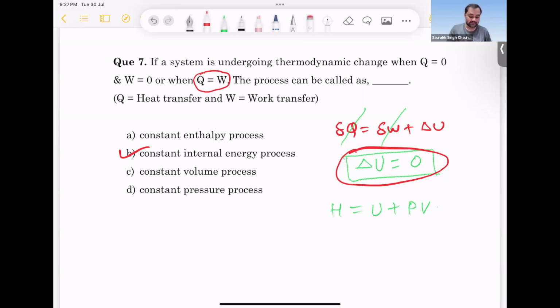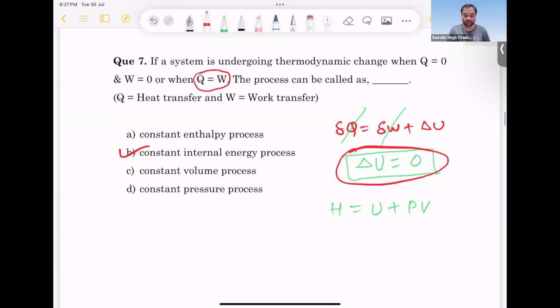The last part, constant pressure process, is also not the correct one. We cannot conclude that volume will be constant or change. We can only conclude that internal energy is constant in this process. So the only correct option is part B.